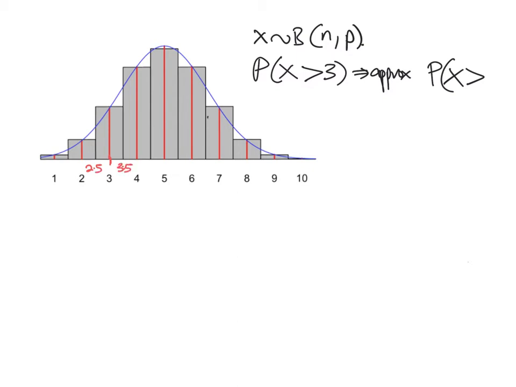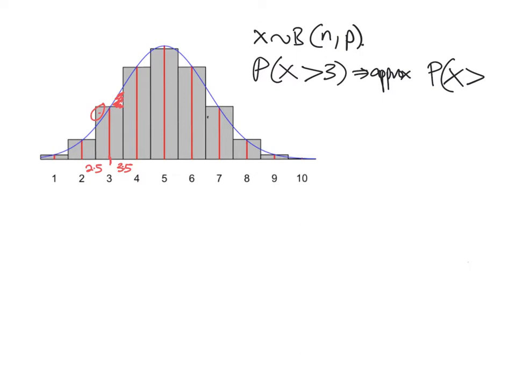Now if you look at it, a sizable amount is above the curve for the bar chart which has 3 as the value, which we are looking at for X equals 3. So to fix this, we use continuity correction.